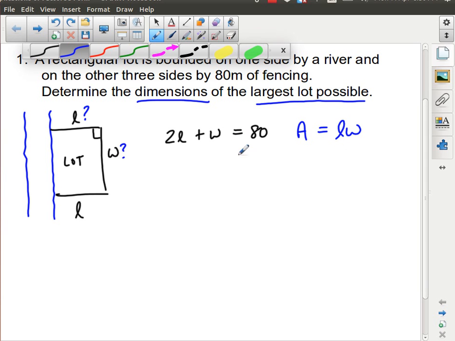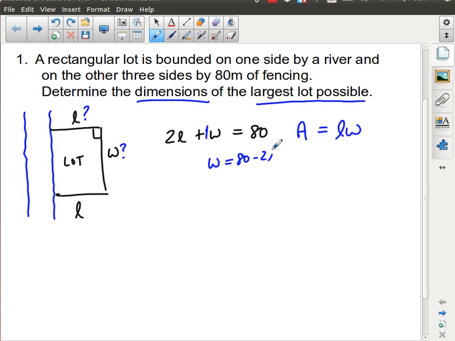So the way that we do that is we replace one of these variables. Since w has a coefficient of 1, I'm going to isolate it for w, and that becomes 80 minus 2L. Let's call this equation 1 and the area equation equation 2. I'm going to sub 1 into 2.